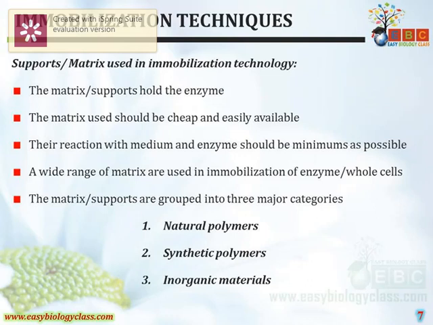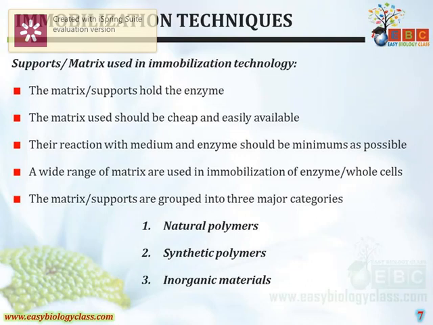These support matrices are used to adhere, fix or hold the enzymes to carry out chemical processes. The matrix used here should be cheap and easily available anywhere in the world. Its reaction with the medium and enzyme should be as minimal as possible.